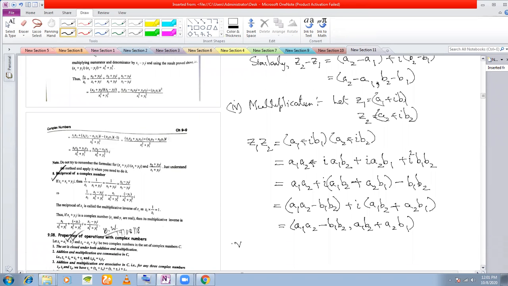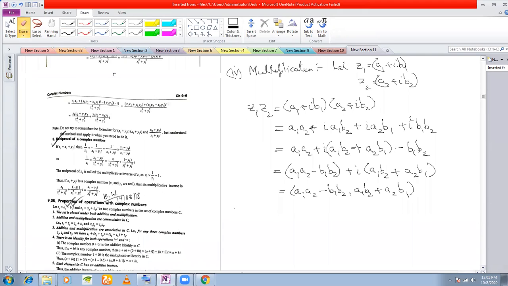Division of two complex numbers. Before division, what I want to discuss with you is the conjugate of a complex number. What do you mean by the conjugate of a complex number? Suppose I take a complex number a1 plus i b1.